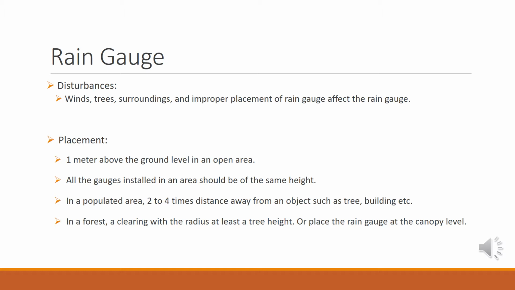If there are more rain gauges installed in an area, all the gauges should be of the same height. In a populated area, place it 2 to 4 times the distance away from an object such as a tree or a building. The distance should be according to the height of the tree or building. And in a forest, choose a clearing with a radius at least equal to the tree height, or place the rain gauge at the canopy level.